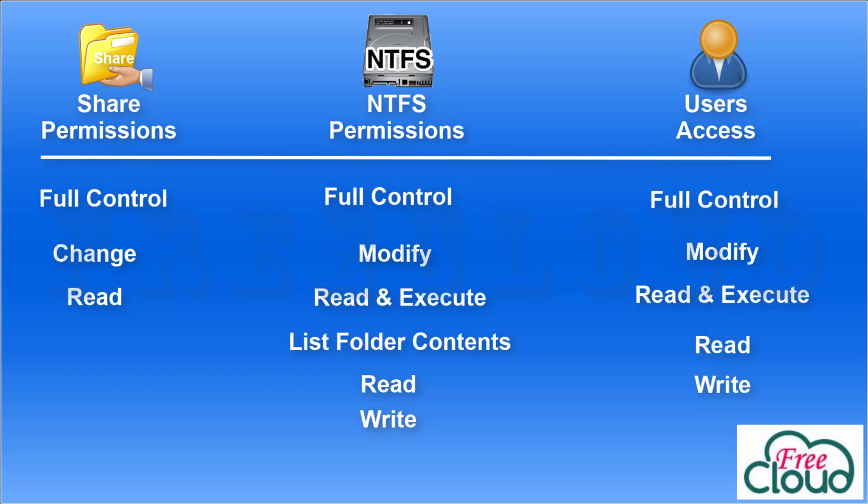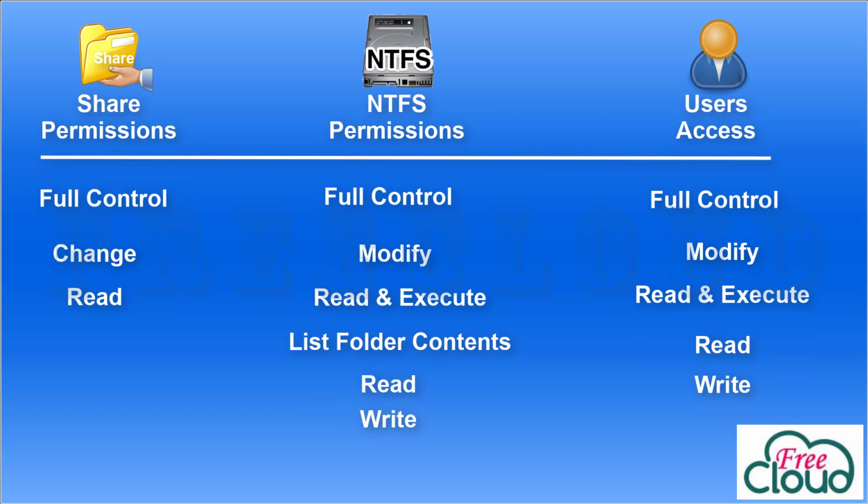If you are accessing a file or folder over the network, then you combine the share and NTFS permissions. The most restrictive permission is the effective permission. Consider the following examples. If the share permissions were set to full control and NTFS permissions set to read, when a user accesses the file on the share, they will be given read permission, since the most restrictive permission will always win.